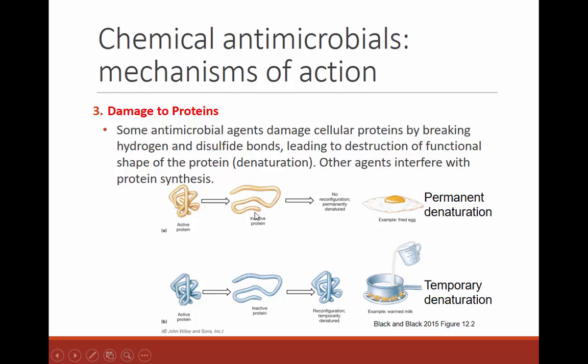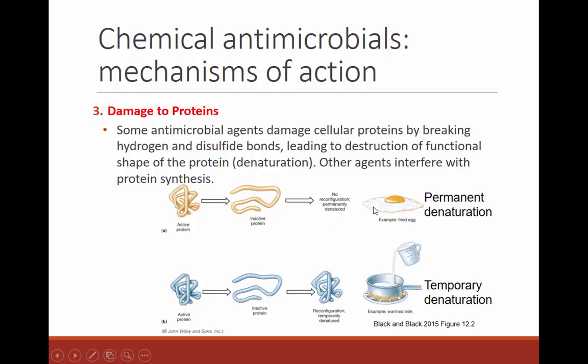Sometimes when they unravel, they will become inactive. Well, all the time they will become inactive. Sometimes though, they can regain their activity. But if you've got permanent denaturation, that won't happen. So they'll lose that activity.